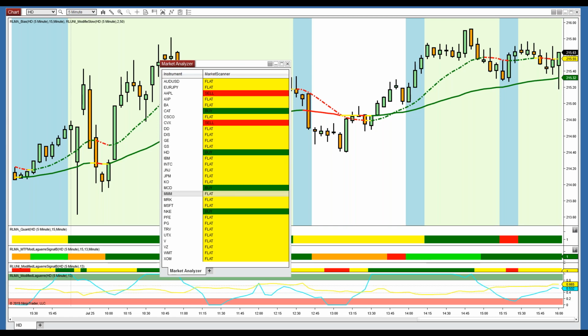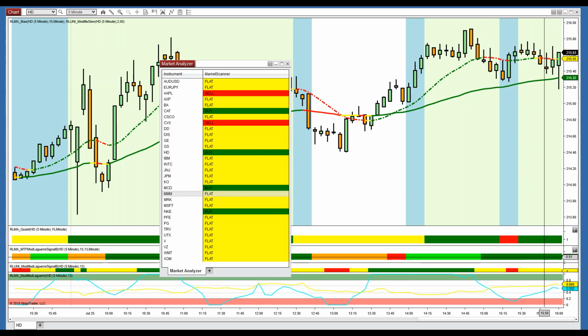Now, if we look at Home Depot, we can see it's in the same position. We've got background bias green. So Home Depot is aligned to the upside on multiple time frames. We're trading a 5. It's aligned on the 15, and it's aligned on the 45-minute. The correlative markets are green. So money is flowing into Home Depot.